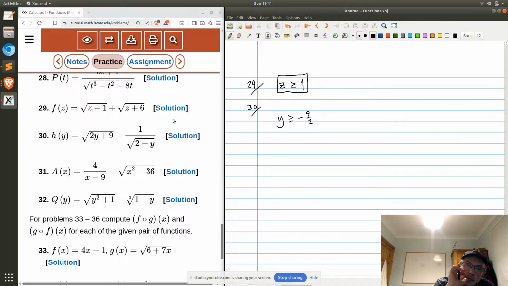And it may not be 2 itself. So y has to be less than 2. So the domain of H is that.